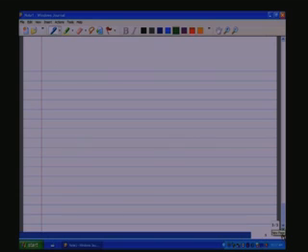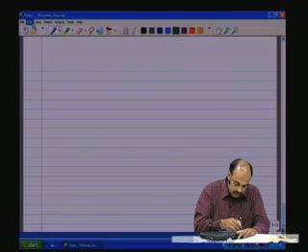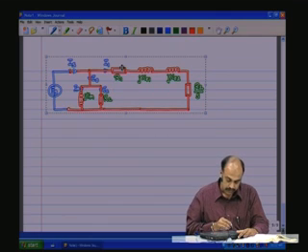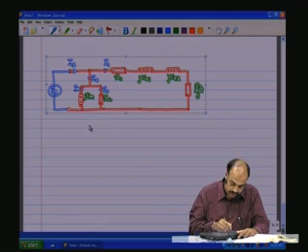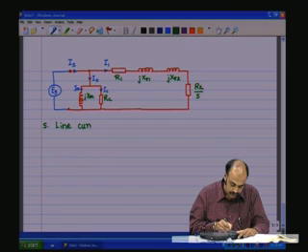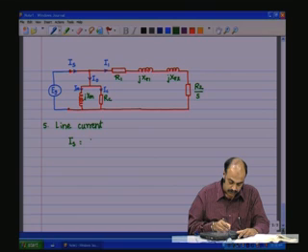Then what else can we obtain from the circuit? Then we have the line current, the line current I stator is, now we know the voltage, we know the apparent power.